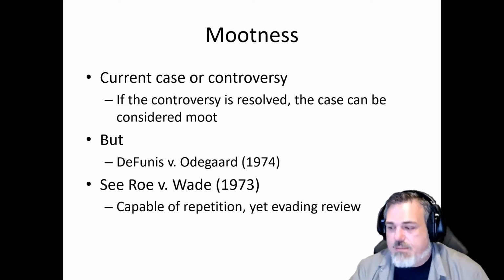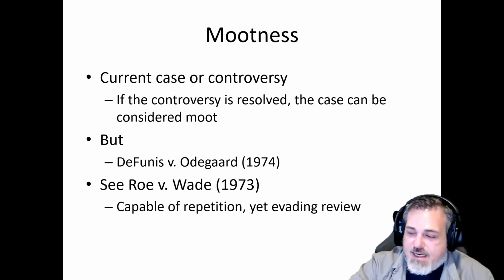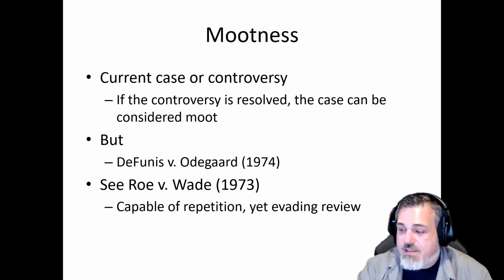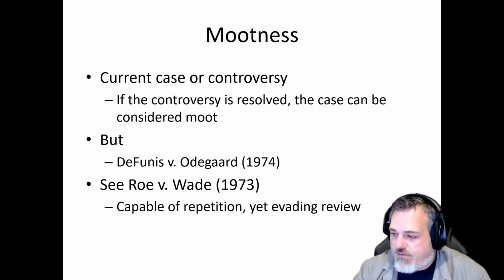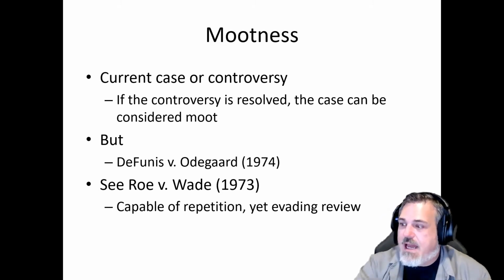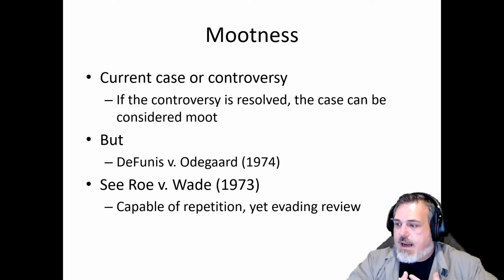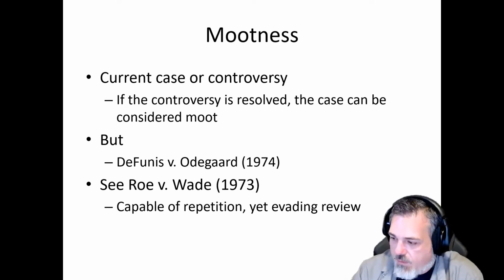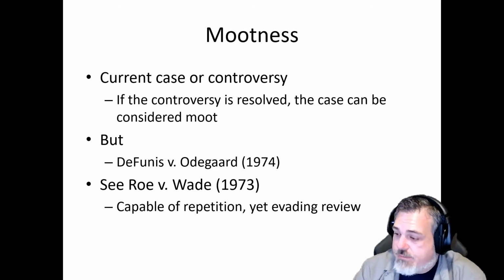And so while this is an exception to the Mootness doctrine, it's very limited. Let's say, for example, you sue the federal government for X. But between the time you appeal to the Supreme Court and the time the Supreme Court is going to hear your case, the law itself is changed.